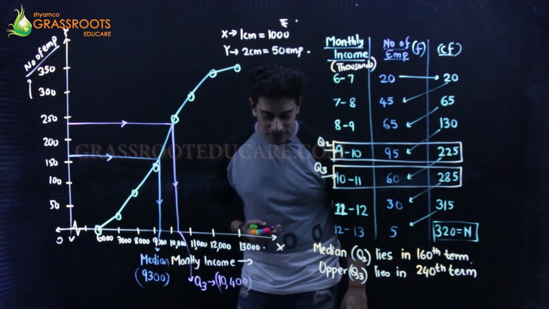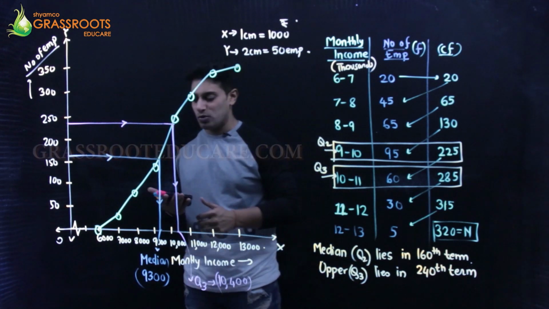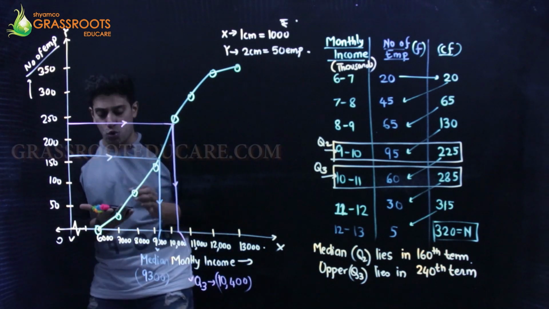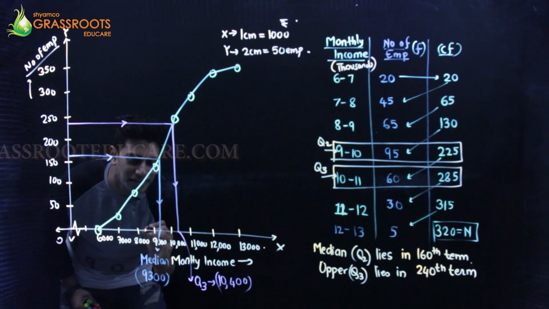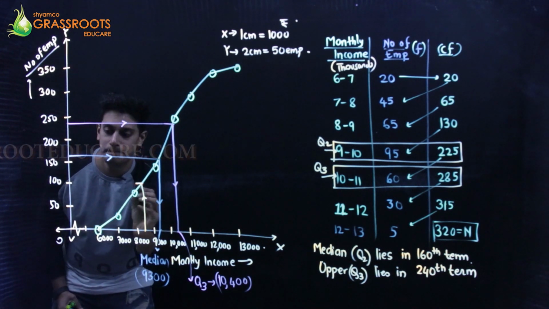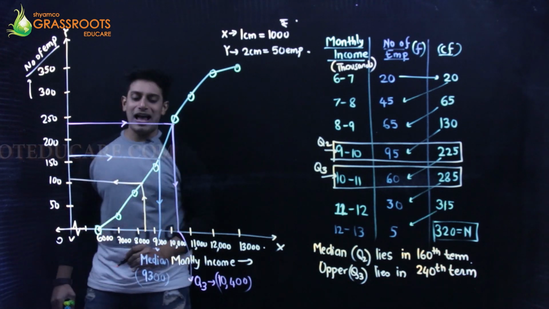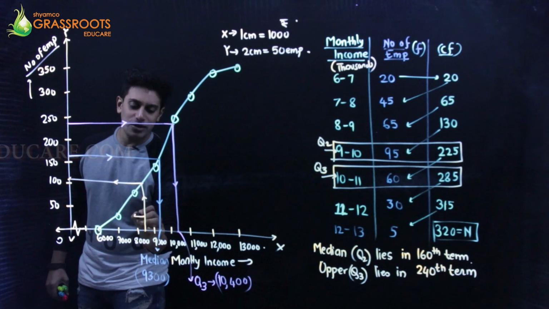My third question is the number of employees whose income is below 8,500. Below. So from 8,500, you put a line up and trace it this way. Below means inwards.